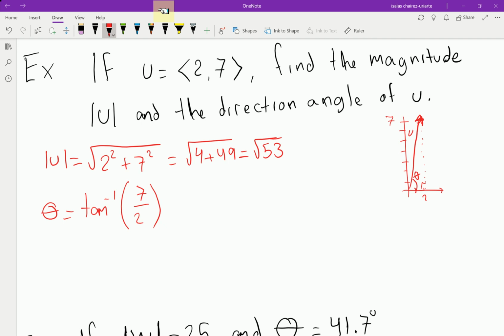So relative to this angle theta right here, tangent is opposite over adjacent. So 7 over 2, that's why I'm taking tangent inverse of 7 over 2.